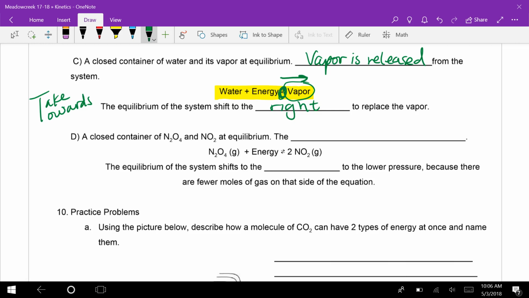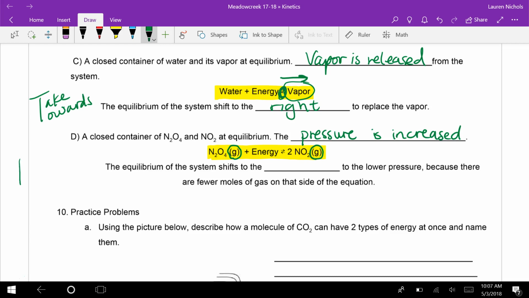And D says a closed container of the same reaction we were looking at earlier, but this time the pressure is increased. Now remember, when pressure changes, that means we're only looking at gases. And so because of this parenthesis G, we know that both of these substances are gases.